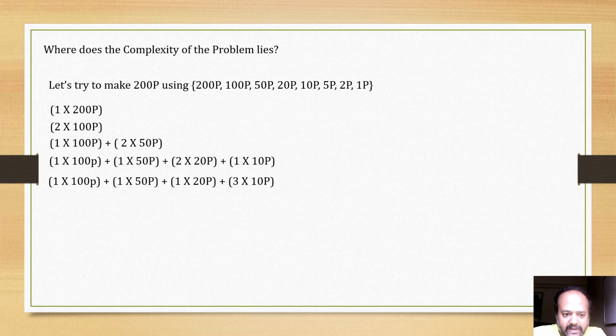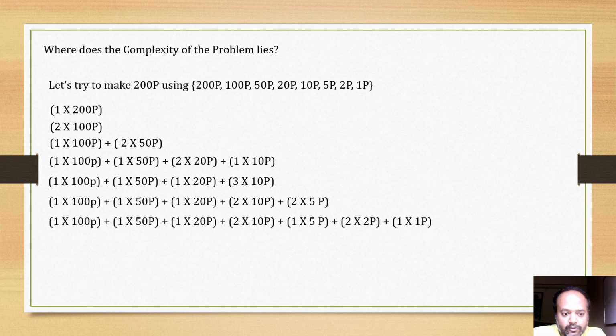Or you could take 100 and a 50, making up 150, plus a 20, 170, and 3 10 paisas, making 200. Or you could take 100 paise, 50 paise, 150, and 20 paise, which is 170. And you could take a couple of 10 pice, taking it up to 190, and take a couple of 5 pice, which takes it up to 200 pice.